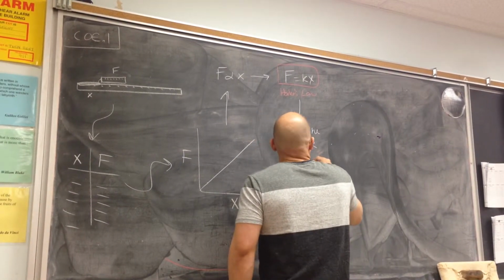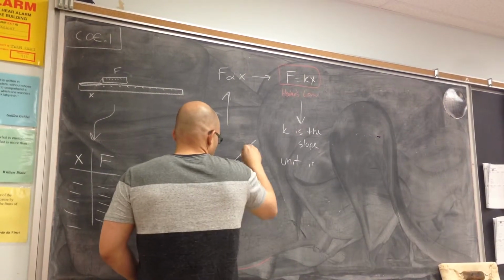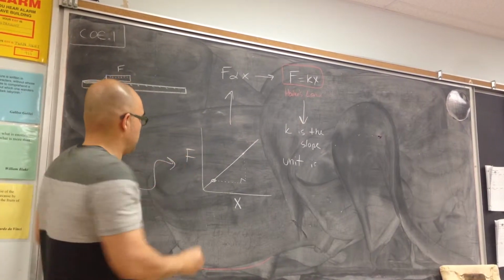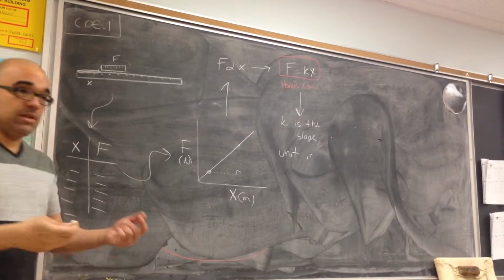And the unit is, it would be rise, so grab 2 points, do rise over run. The rise unit is newtons, the run unit is meters, let's say, so it would be newtons per meter.